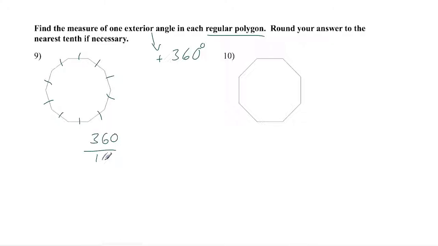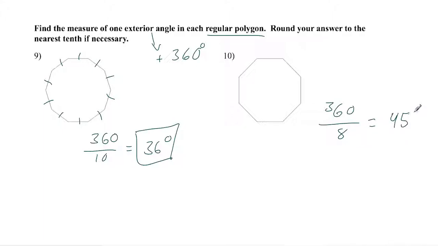So if I do 360 divided by 10, I get 36 degrees for each exterior angle. Likewise, in number 10, it's going to be the same 360 degrees divided by the 8 sides that are here. And so this 360 divided by 8 is going to give me 45 degrees for each exterior angle.